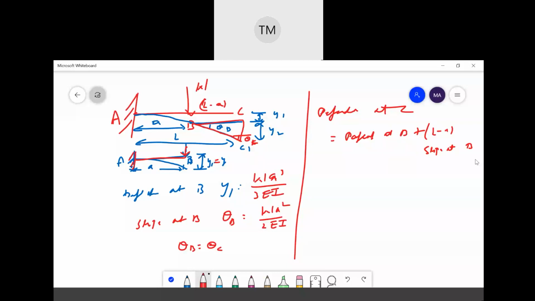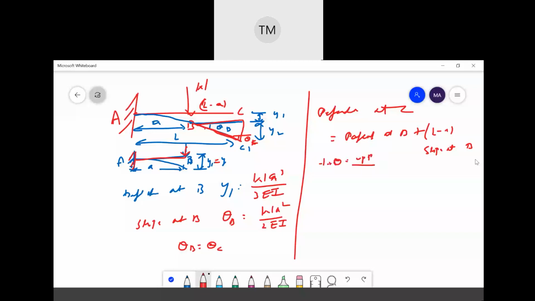This inclined line is considered using tan theta, which is equal to opposite by adjacent.